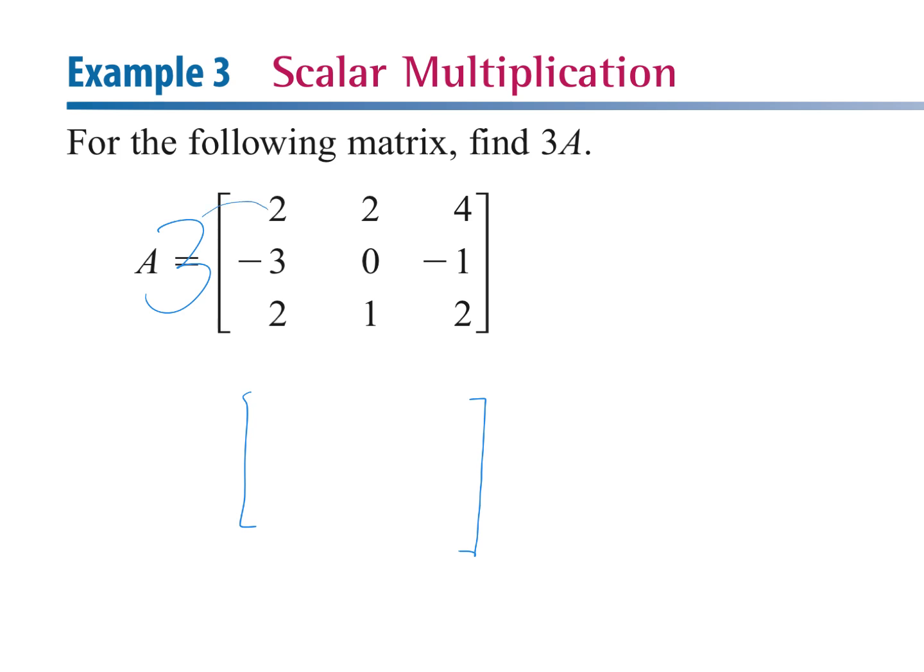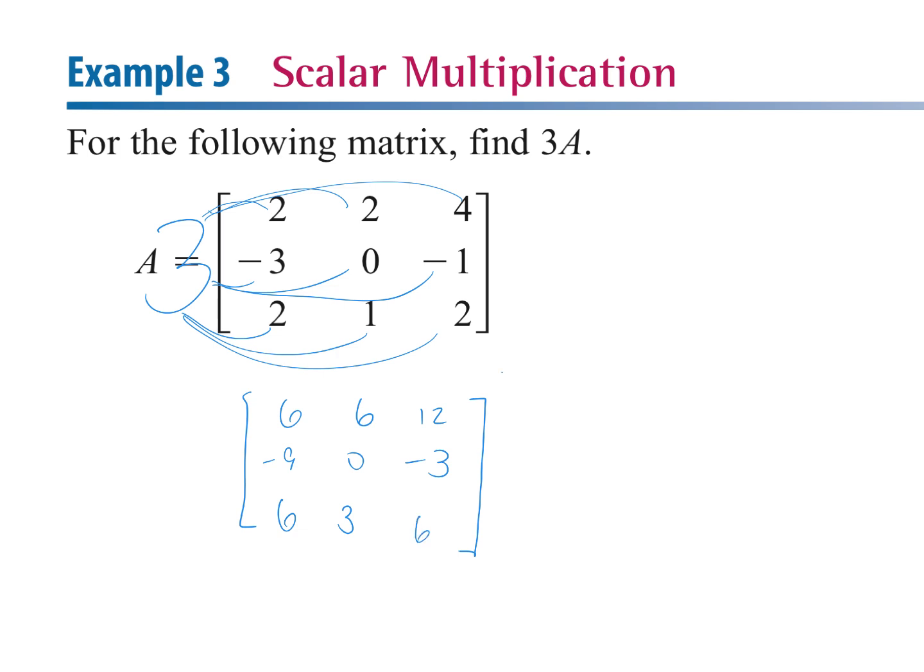Take your time. 3 times 2 is 6. 3 times 2 is 6. 3 times 4 is 12. 3 times -3, -9. 3 times 0, 0. 3 times -1, -3. 3 times 2, 6. 3 times 1, 3. 3 times 2, 6. And there's your answer. Questions?